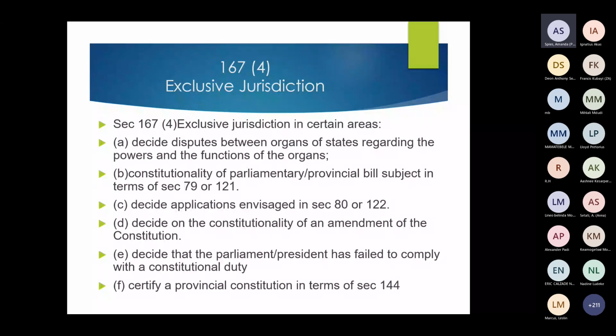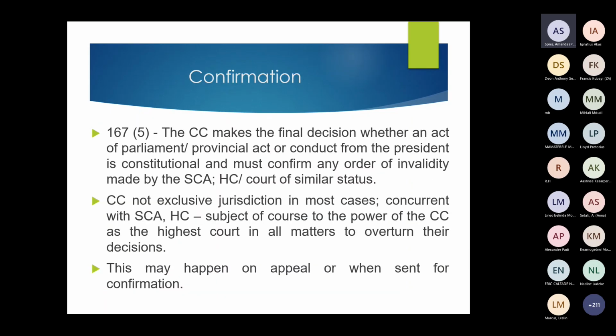It's disputes between organs of state regarding the powers and the functions of those organs, the constitutionality of a parliamentary or provincial bill that is subject to Section 79 or 121, applications in Section 80 or 122 of the Constitution, deciding on the constitutionality of an amendment of the Constitution, deciding whether Parliament or the President has failed to comply with a constitutional duty, or to certify a provincial constitution. So only the Constitutional Court has jurisdiction over these matters.